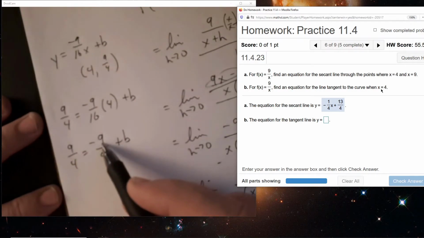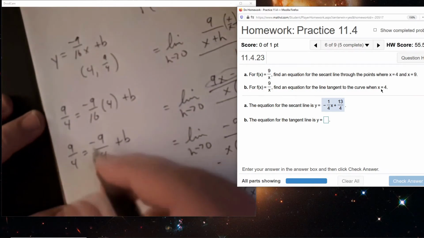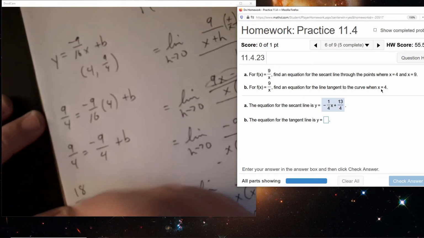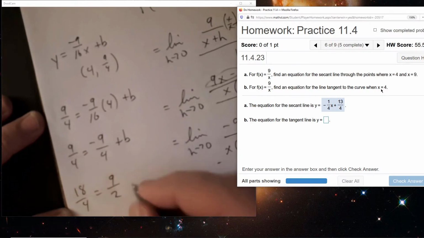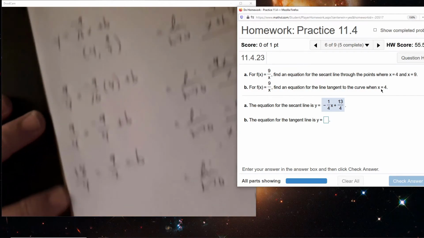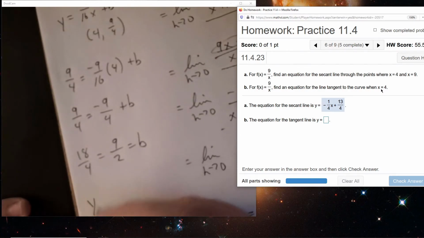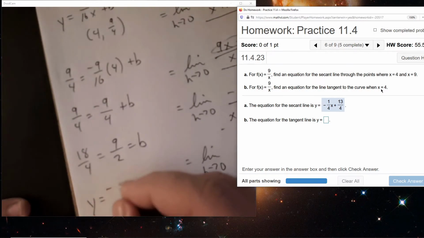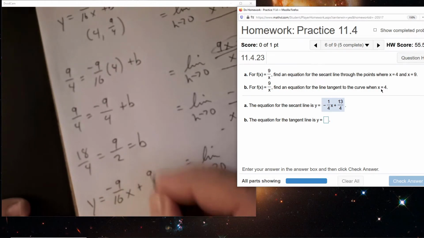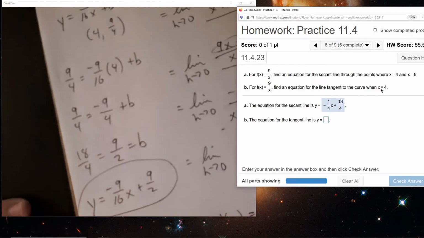And of course, bringing this to the left side will mean we add it together. And so we would get 18/4, which can be reduced to 9/2. And that is B. So now we have our final answer for the equation of the tangent line. And there it is.